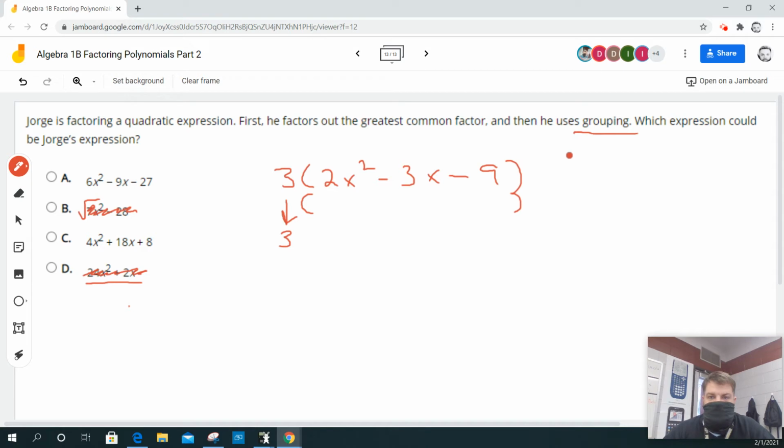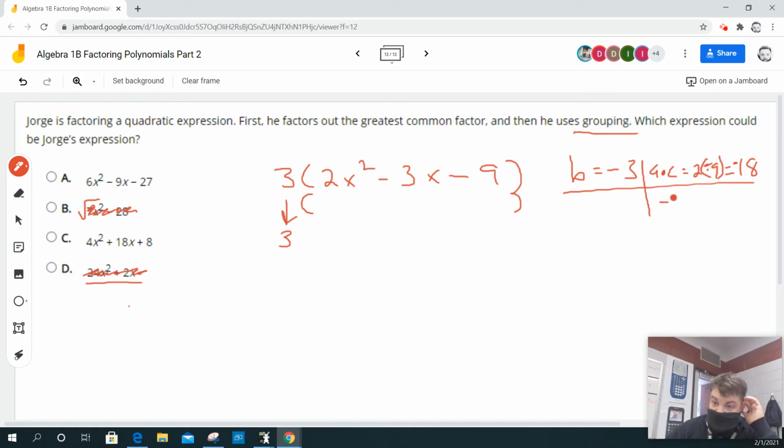So remember, to use the AC method, I have to find two terms that when I add them up, they equal B. But remember, B is -3. And when I multiply those two terms, they equal A times C, which is, in this case, 2 times -9, so it'd be -18, because C is negative.